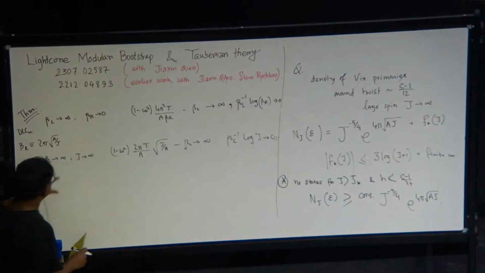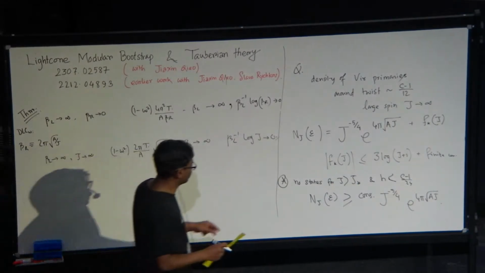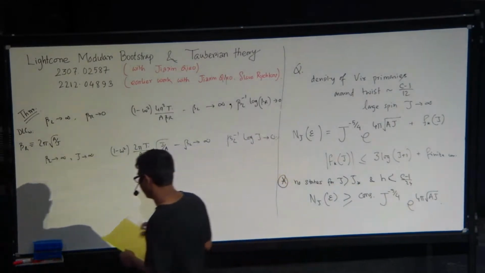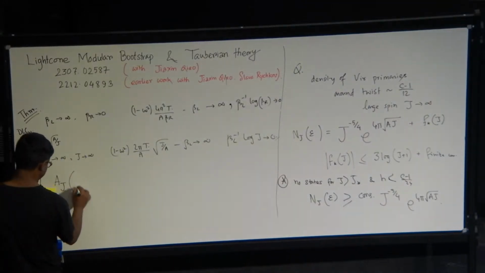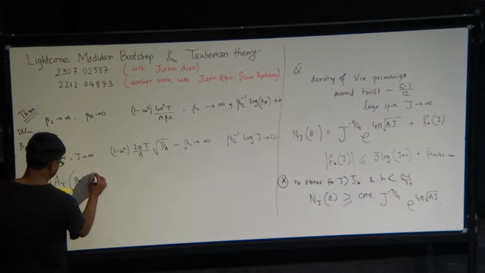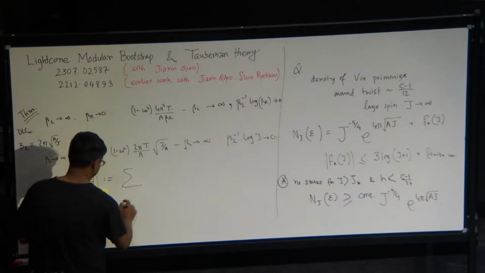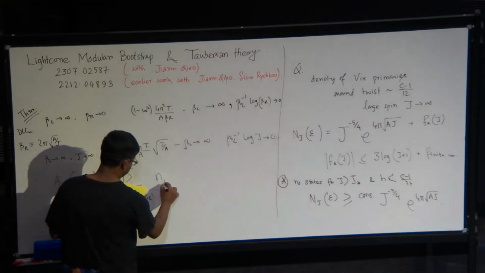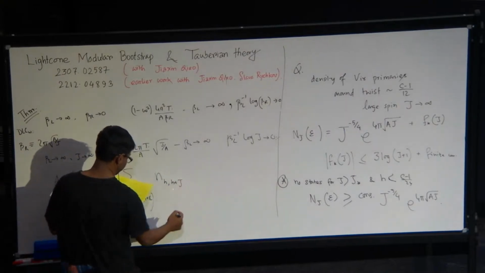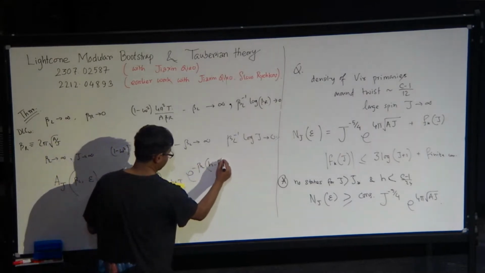So in this limit, we will estimate a different quantity which is related to Nj but not quite Nj. So we will define this quantity Aj beta L epsilon to be the sum over states in H plus J power minus beta L H minus A.